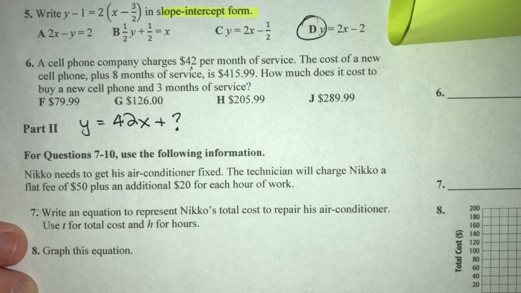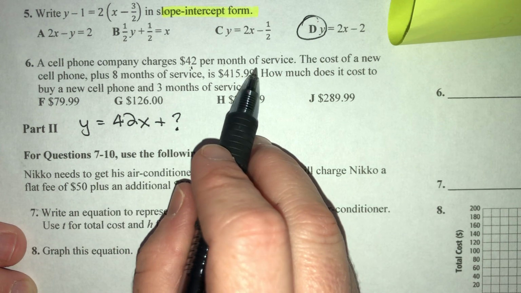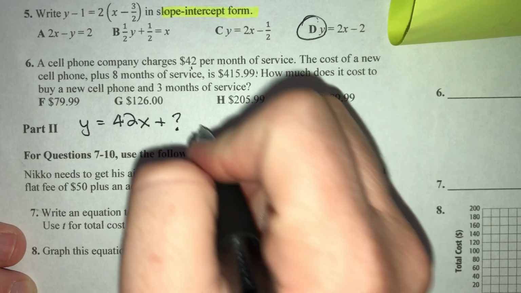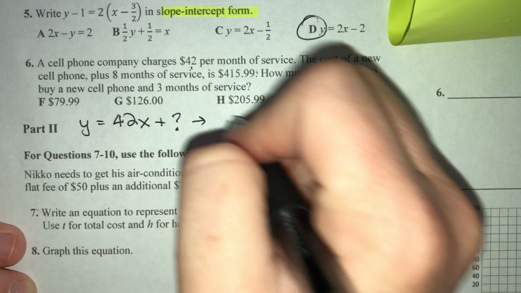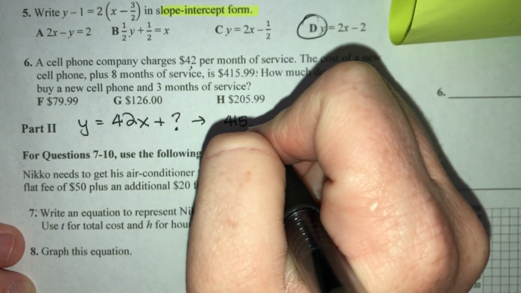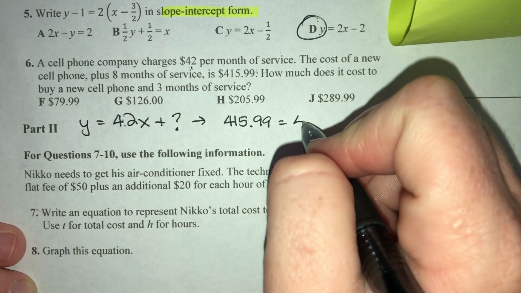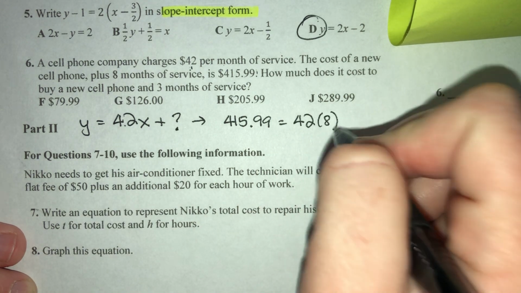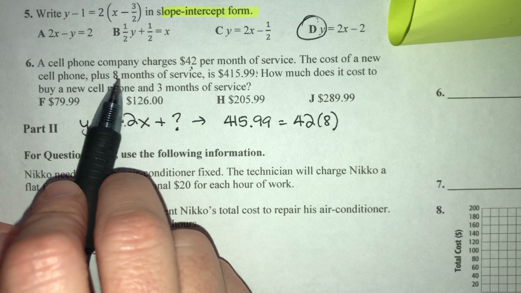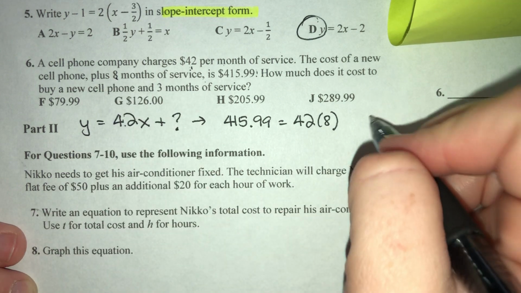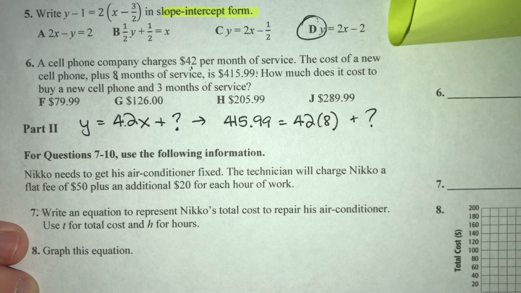What we do know is that our total cost is $415.99. So y is $415.99. We know it's $42 per month times 8 months of service, right? It tells us 8 months of service. And then we don't know the cost of the phone.